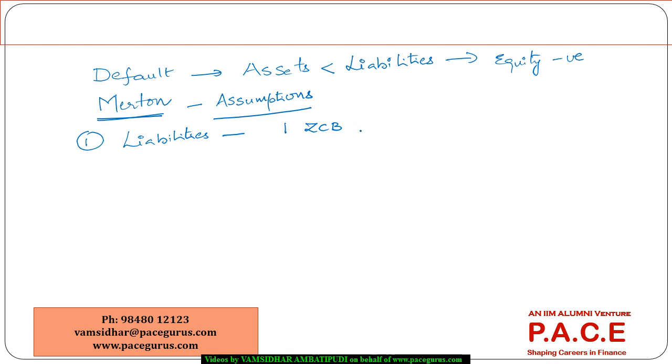There is only one zero coupon bond with the total principal L, which is the total value of the liabilities, maturing at time period T. The second assumption is that there are no intermediate payments. We are only talking about time period T. No payment is made by anyone in the middle because it's a zero coupon bond.